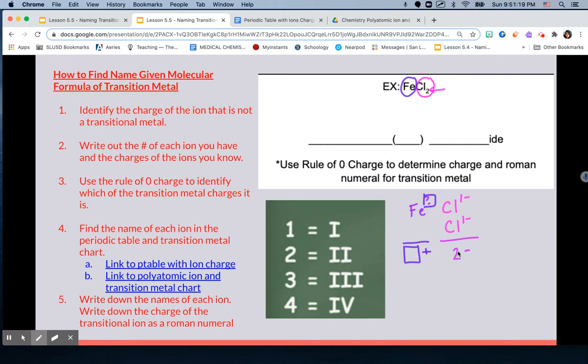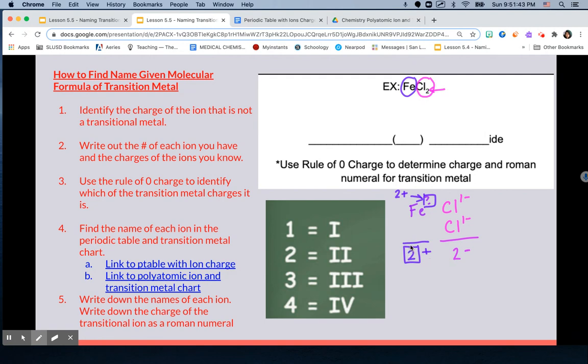It has to be the same number, but the opposite. So I know that this has to be 2 plus. And since there's only one of them, this number has to be 2 plus.